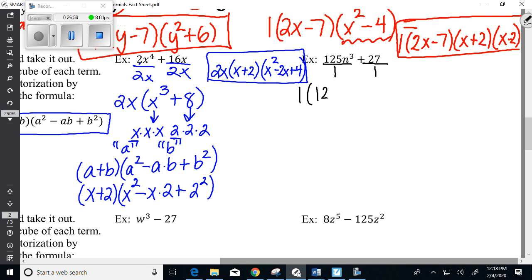So nothing changes. Now we look at each term. 125 is a perfect cube because that's 5 times 5 times 5. N to the third power, n times n times n.